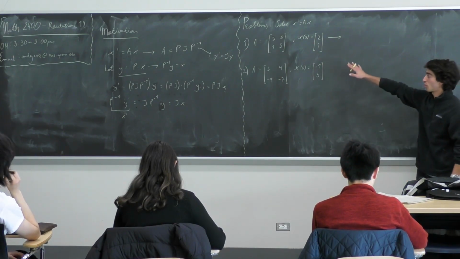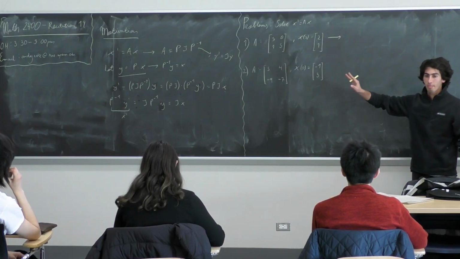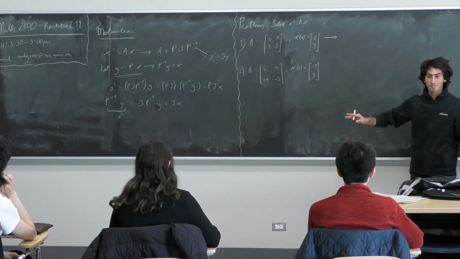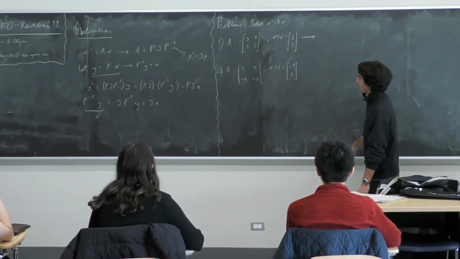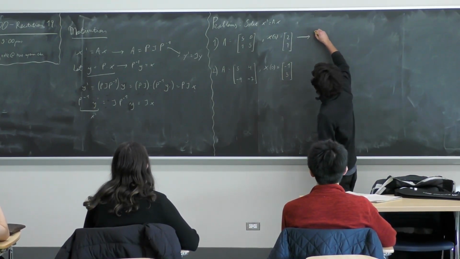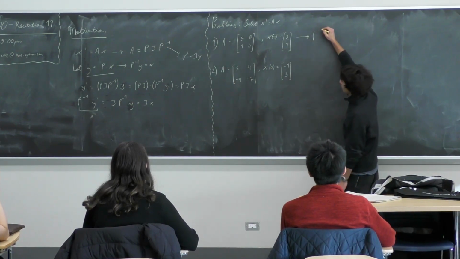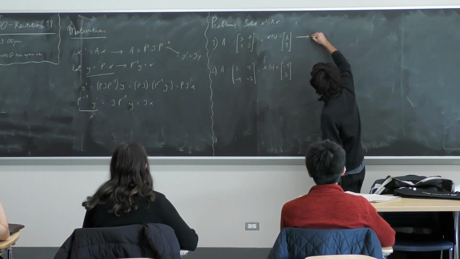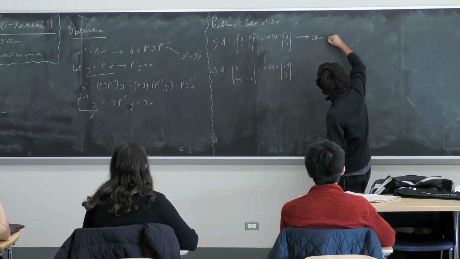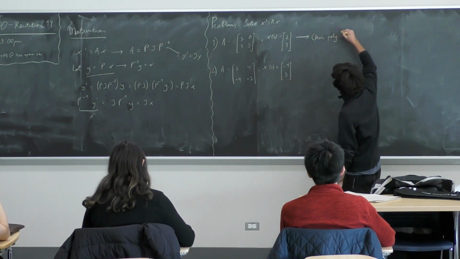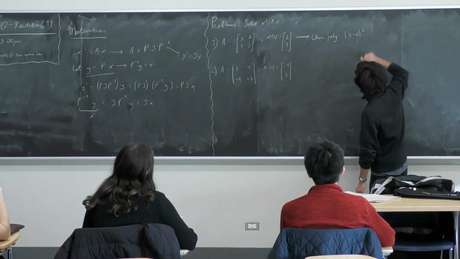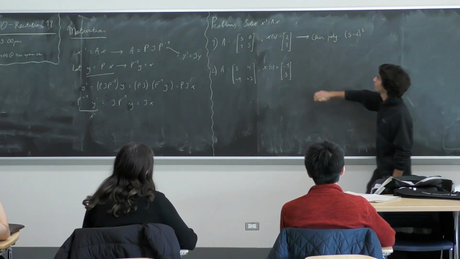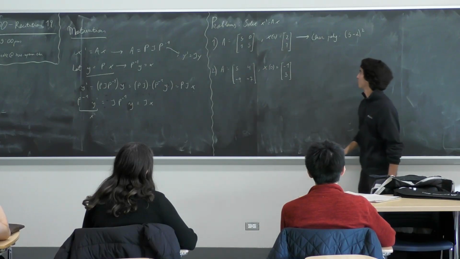Any thoughts on that one? Don't be shy. Or I can get you started if you want. If you were to find the characteristic polynomial, the char poly is just going to be equal to (5 minus lambda) squared. And that's it, because you're just taking the determinant.